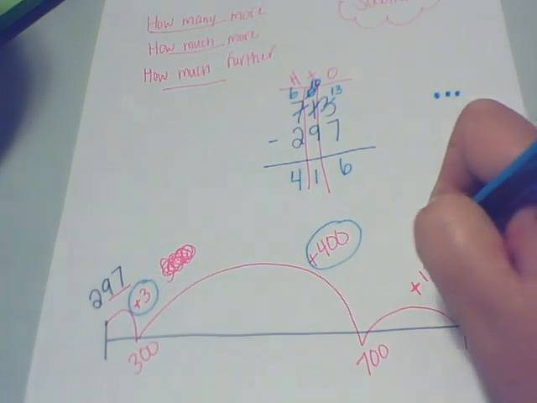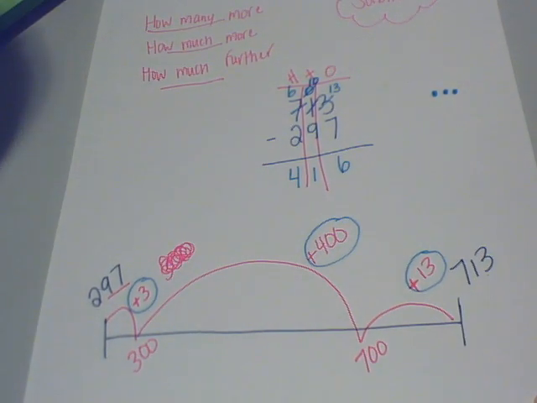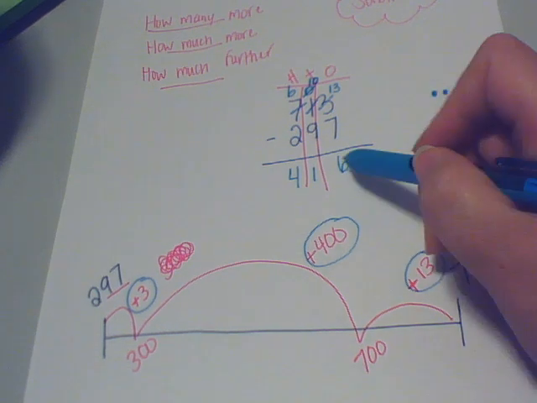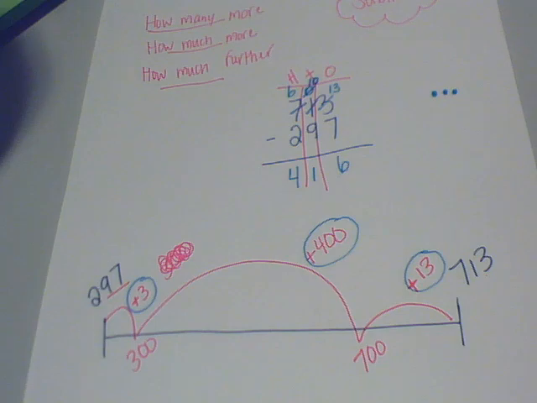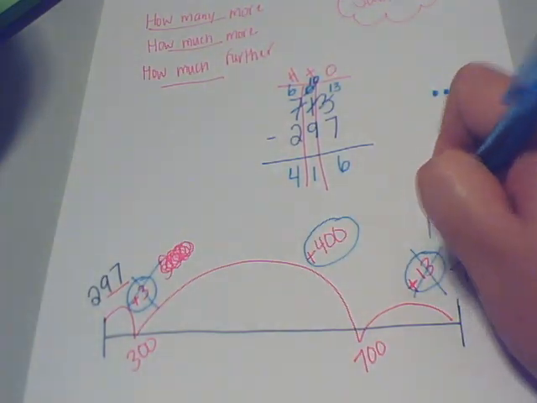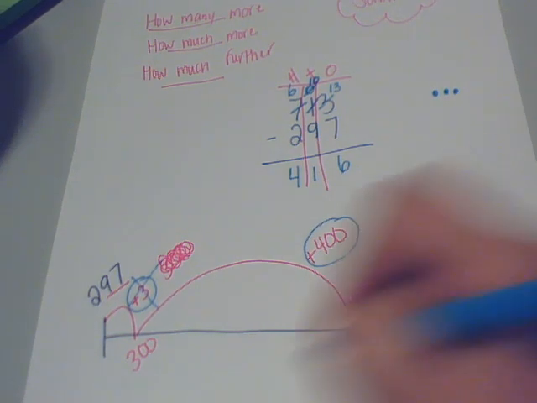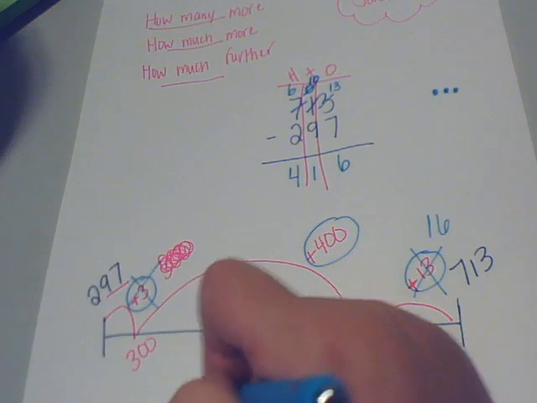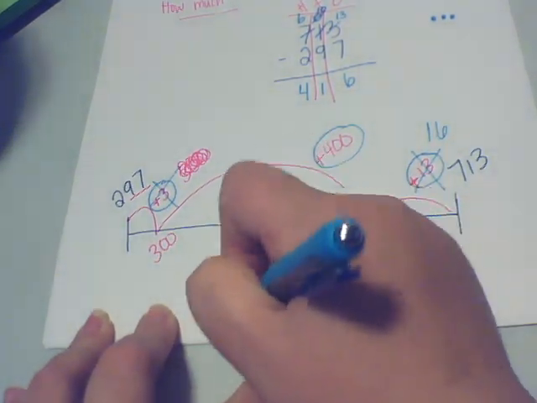Then I take these 3 jumps I just did and I add them together. And let's see if I get the same answer as I did above. Okay, 13 plus 3. We know that that's 16. Then I have 400 plus 16. 416.